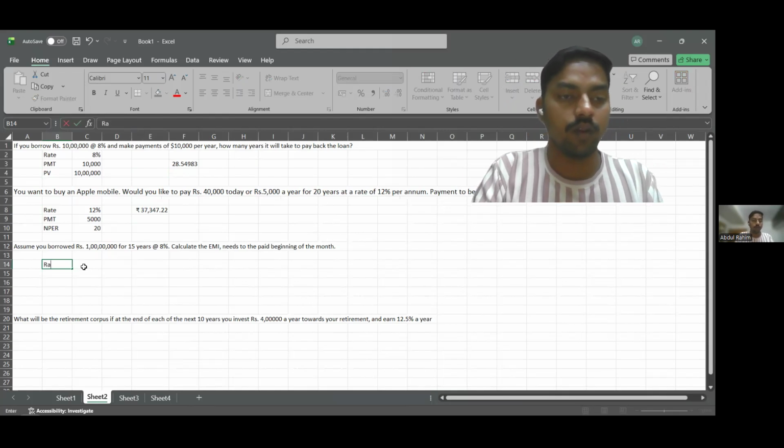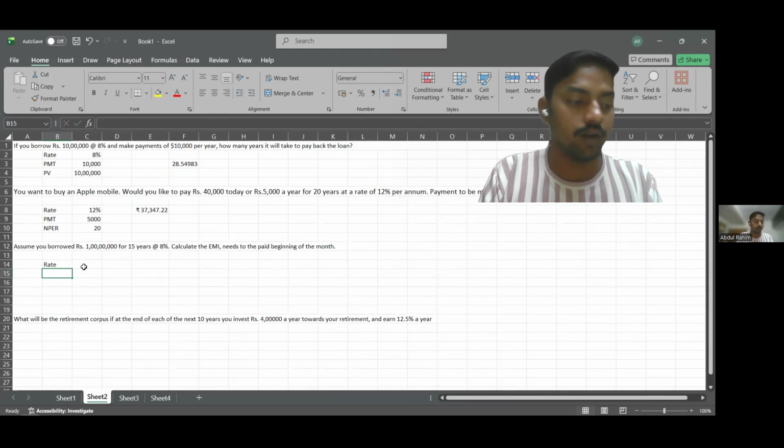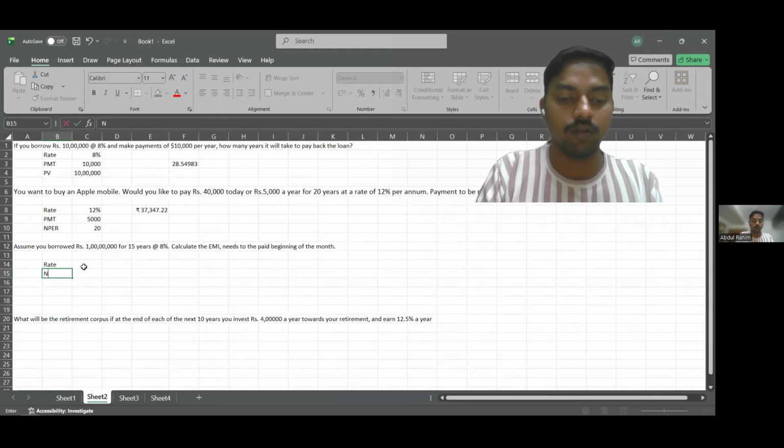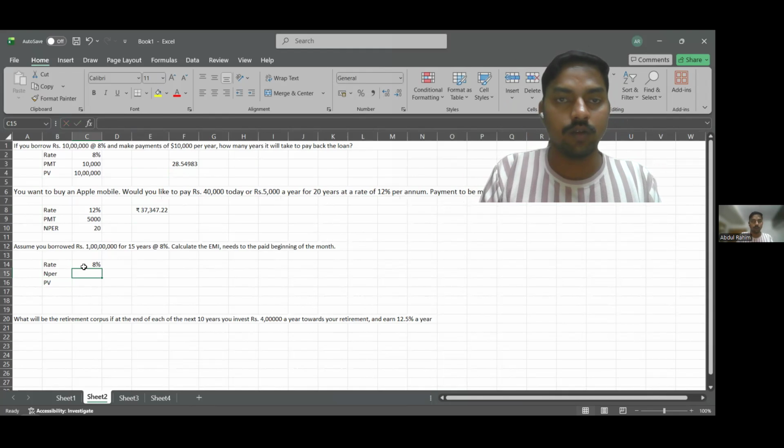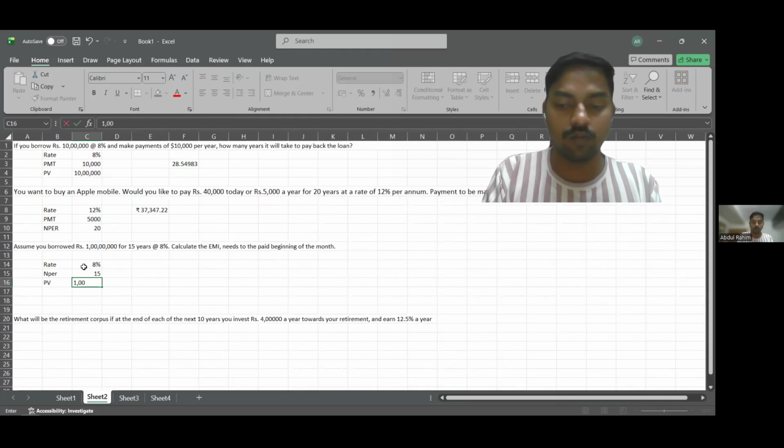First, we write the data: rate, years and present value. So the rate is 8%, NPER is 15 years, and present value is 1 crore.